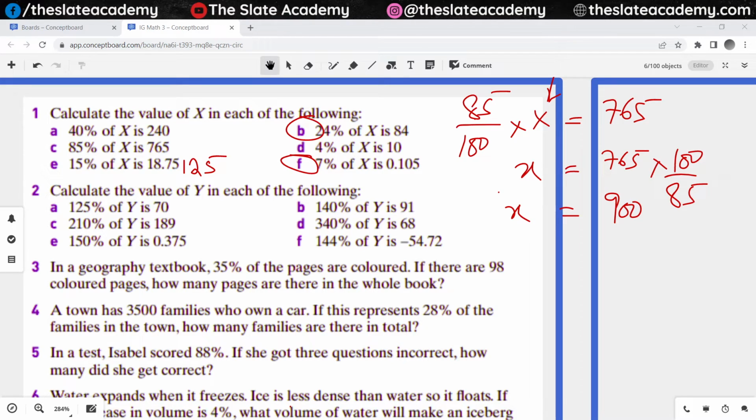Miss Noor, answer for part F. 147 for F?